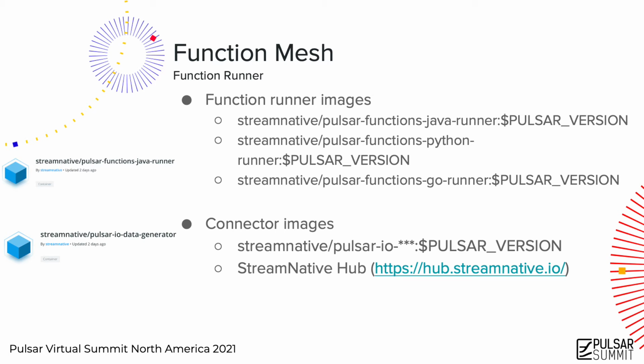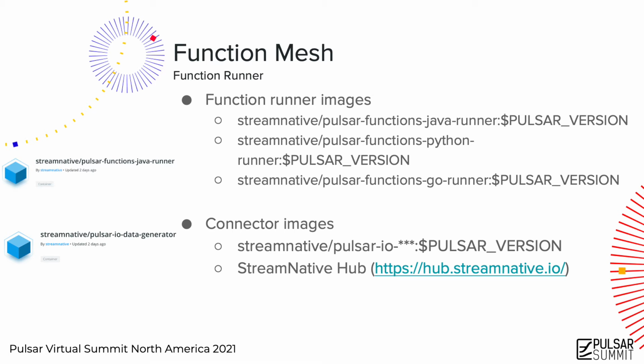We built multiple individual function runner images based on StreamNative's Pulsar all image, and each runtime image contains the language-specific runtime and the related toolchains. We also published these runtime images for Java, Python, and Go with Pulsar 2.8.0, and we will keep updating them with StreamNative's Pulsar image.